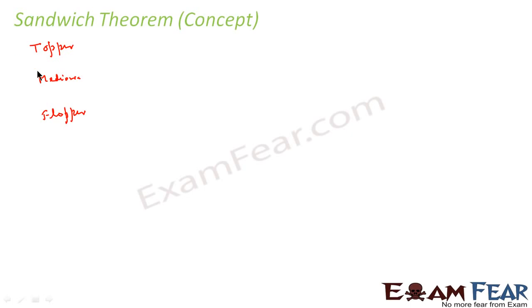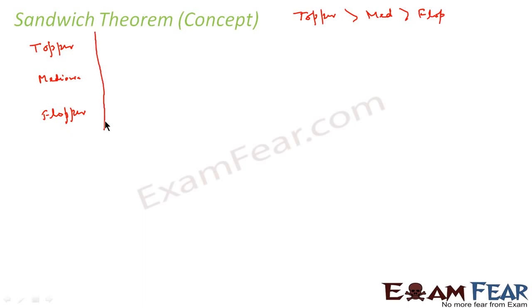Now they all watch Exam Fear videos. Obviously the topper watches more videos, so he's the topper. The mediocre watches fewer videos, and the flopper hardly watches Exam Fear videos. So the assumption is that the topper always watches more than the mediocre, and the mediocre always watches more than the flopper.